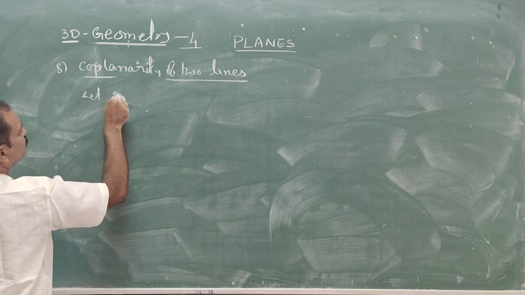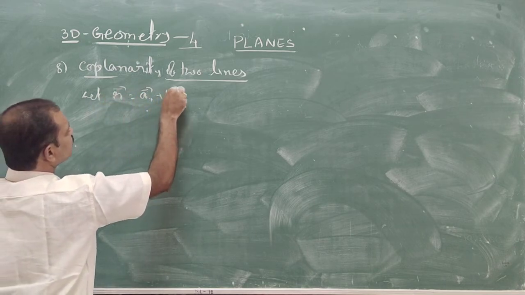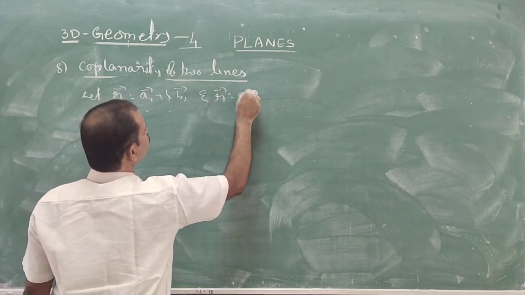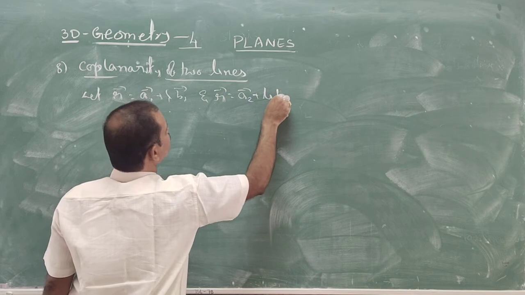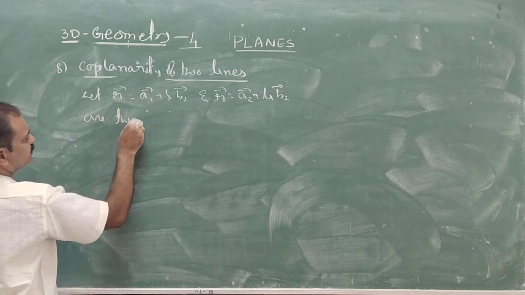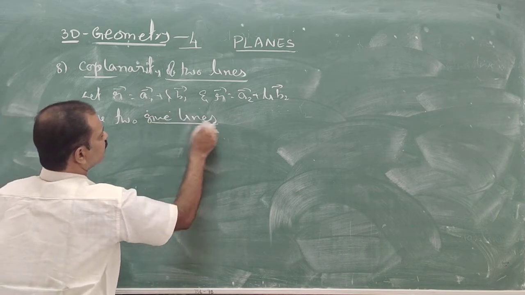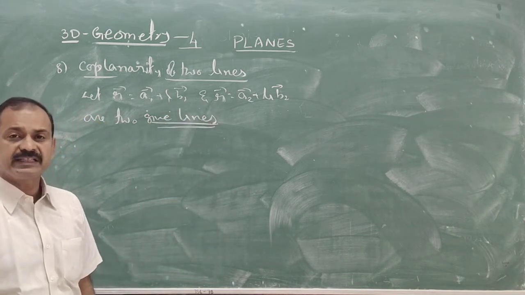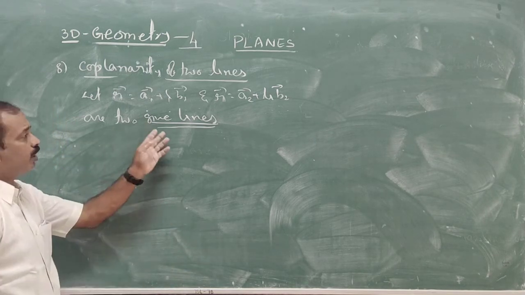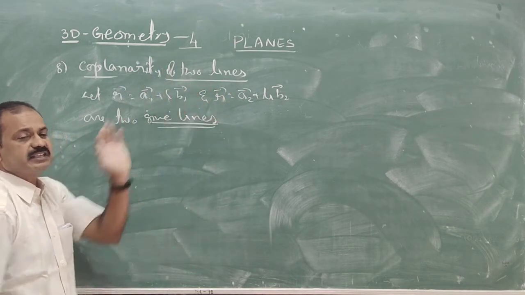Let R is equal to A1 plus lambda B1 and R is equal to A2 plus mu B2 be two given lines, not planes. They are the lines. Then these two lines are to lie in a single plane. What is the condition?